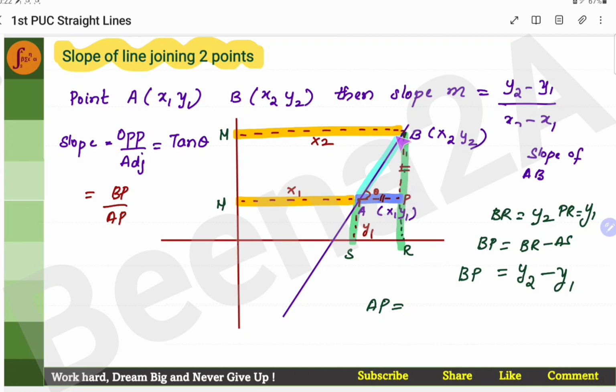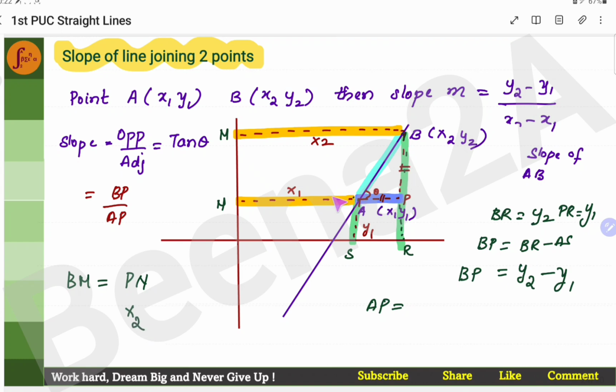If you notice, B to M will be same as P to N, right? BM is same as PN. Both are parallel lines, right? From here to here, it's the same distance, and from B to M, it's also same distance, right? And then what is PN? It's nothing but x2.